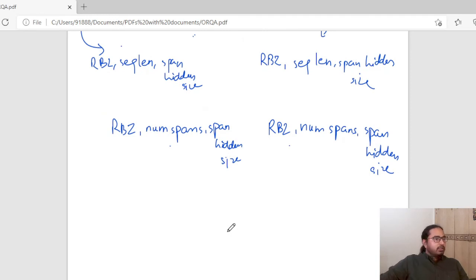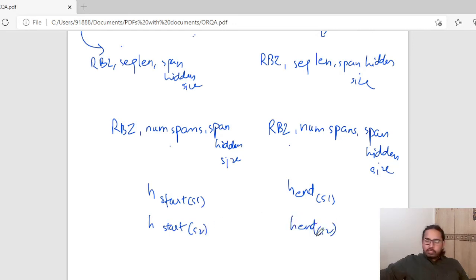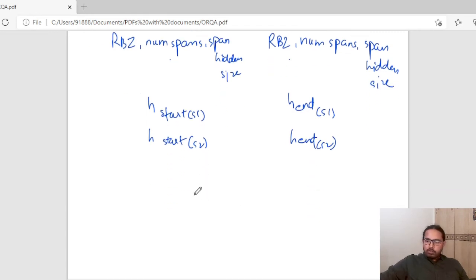So here this will be our h start of s1, right, and this will be h end of s1, and similarly we'll have h start of s2 and h end of s2, and this goes on for all the total number of spans that we have in the model, right?